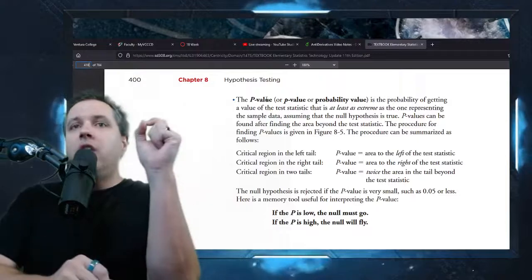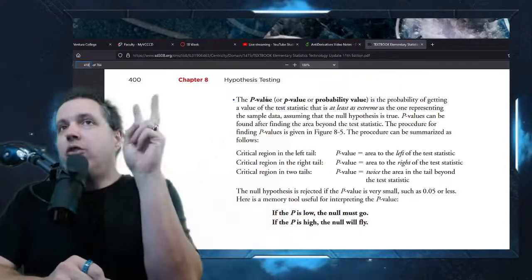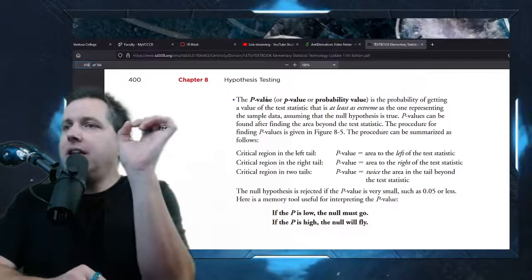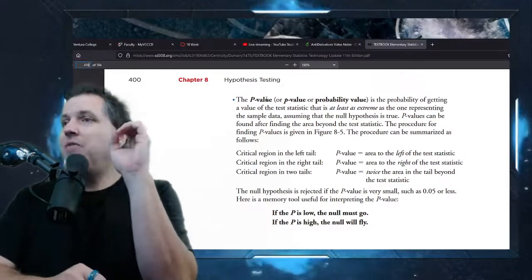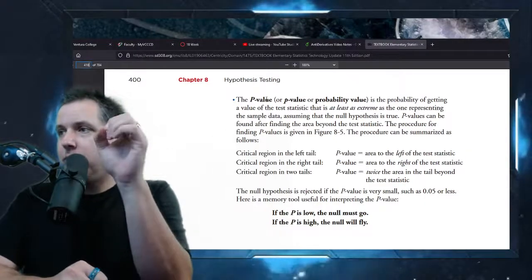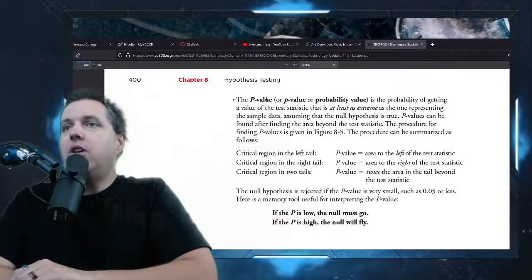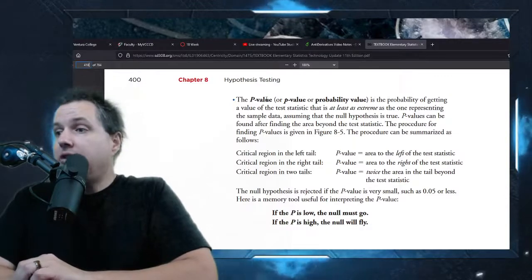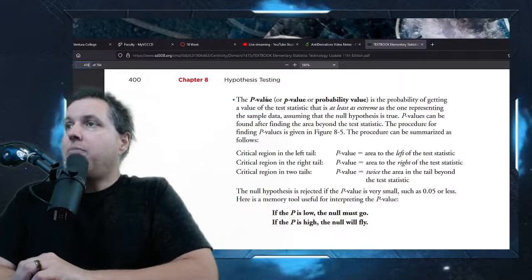So with the hypothesis test, there are two levels of conclusions that you want to make. One is interpreting the results of your hypothesis test directly in statistical terms. So when your p-value comes back, you're going to make a conclusion that we are going to reject the null hypothesis, or we are going to fail to reject the null hypothesis, right?